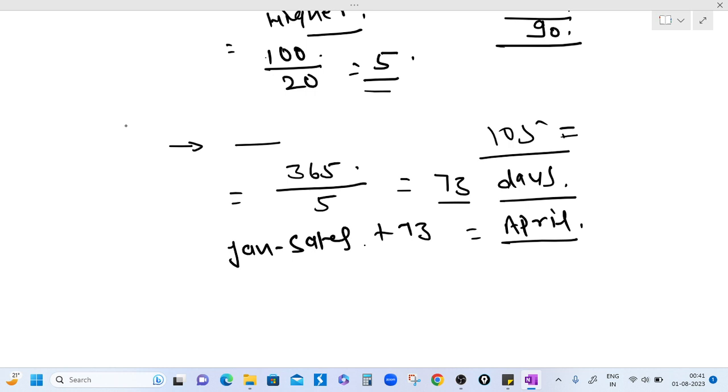So here management wants to reduce these days, maybe to 90, maybe 80, maybe 70. This depends upon the management. Okay, so this is the logic or reason behind calculating this trade receivable ratio. Hope you guys understand this. Thank you very much.